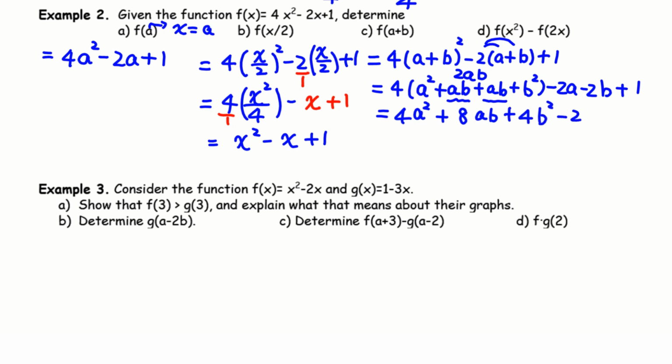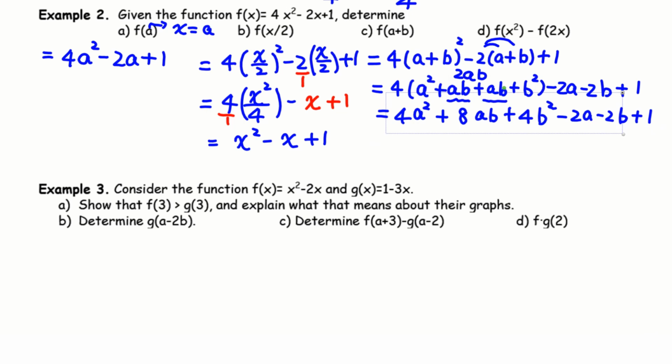Then minus 2a minus 2b plus 1. We check, do we have any like terms left? Same variable, you need to have the same degree. This is degree 2, this is degree 1, not like terms. So this is simplified, simplest form. So that question C is done.